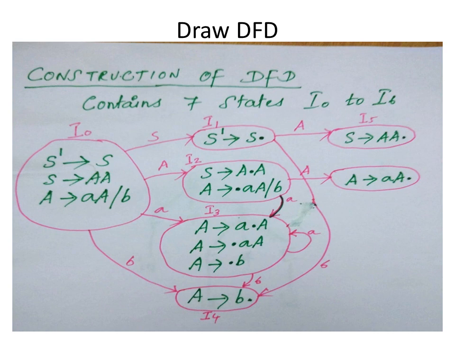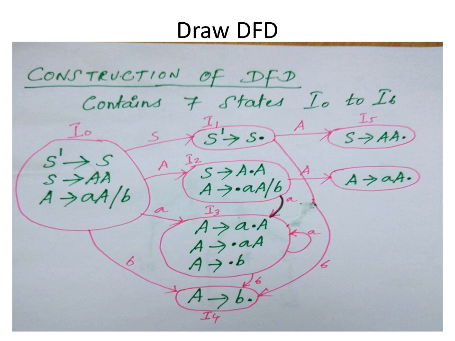Now take the I2 state. From I2 state, by taking small a, which is a terminal, it moves to I3 state. How?